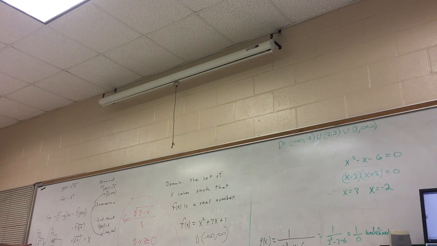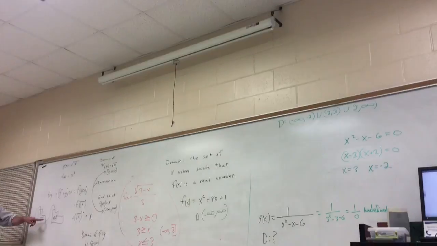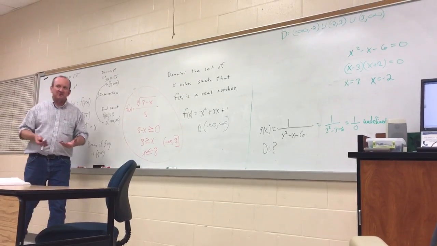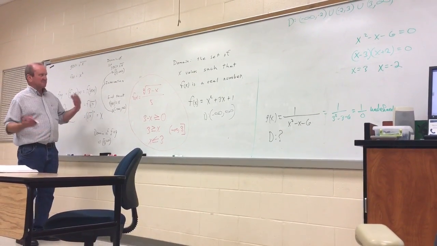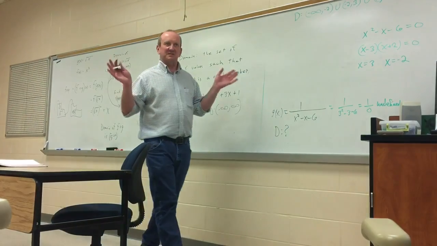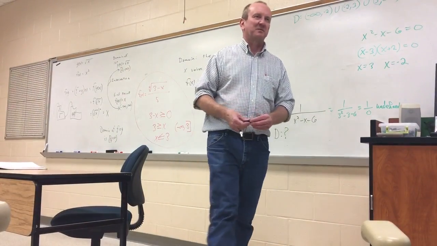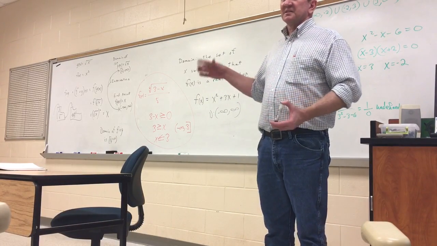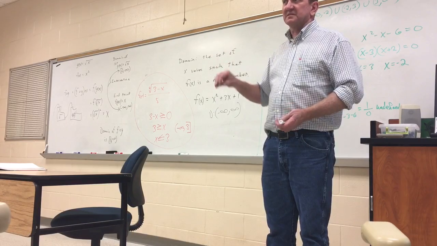But the problem is I can only put non-negative numbers in there, and so that's my restriction. Because I know it's a composite. If I just had the original function f of x equals x, and I didn't say it was a composite, then I wouldn't have all real numbers, right? But because we know it's a composite, you look at the first one and then the second, the result.